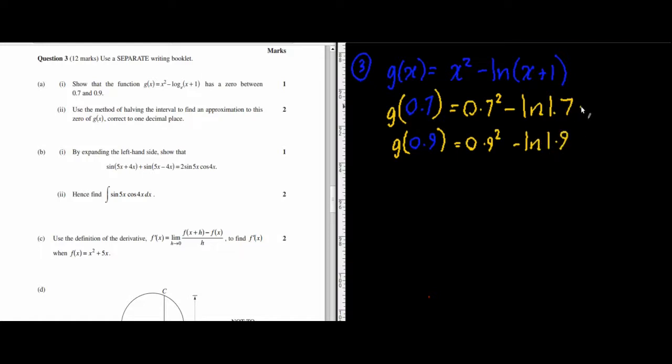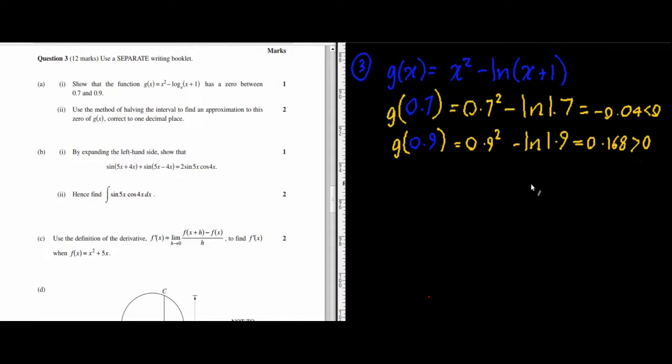What's important is that this first value I managed to get is minus 0.04, which is less than 0, and the second value I got to be 0.168, which is greater than 0.